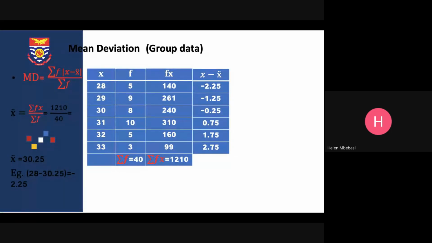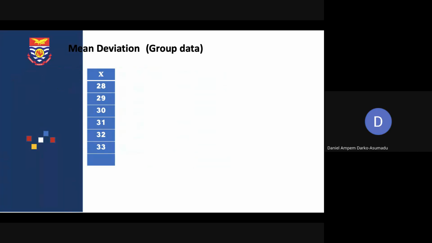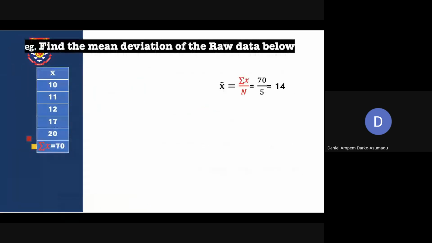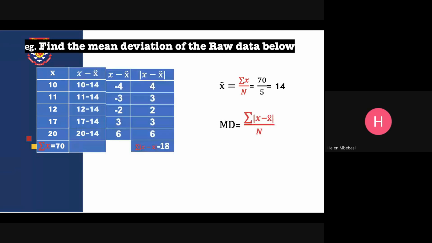Is it for the group data or the raw data? Both. We should go back to the previous one. No, please, this is the raw data. I'm asking about the group data.